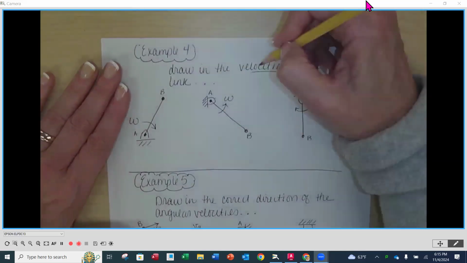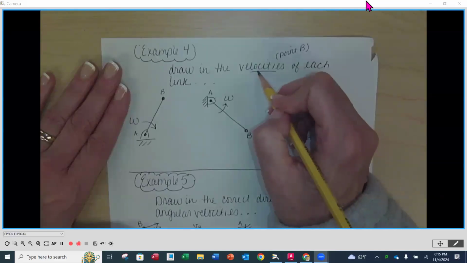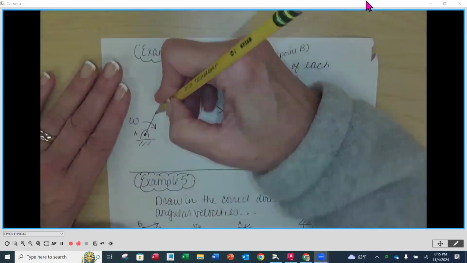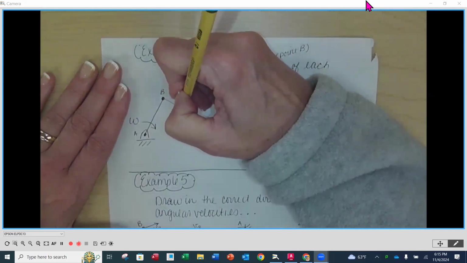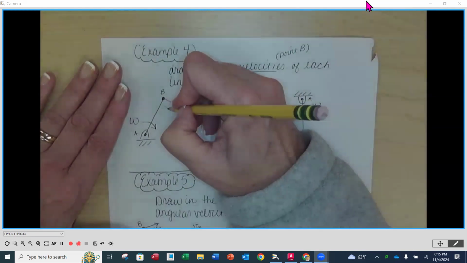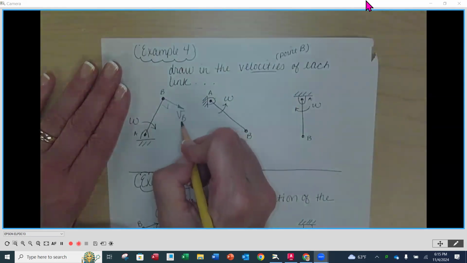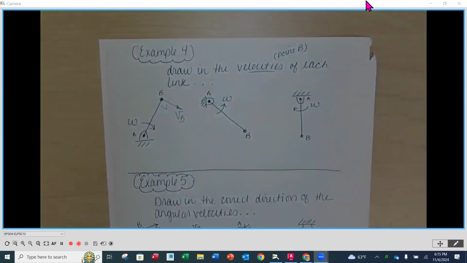We want to draw the velocity, which is the straight line velocity of point B. As we know, velocity is always going to be perpendicular to the center of rotation, and it will point in the direction of rotation. So that is going to be the velocity of point B for the first one on the left.